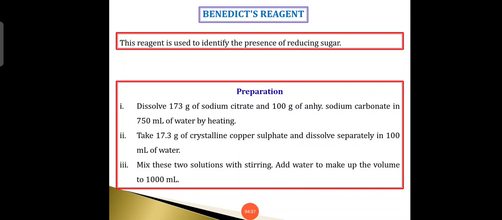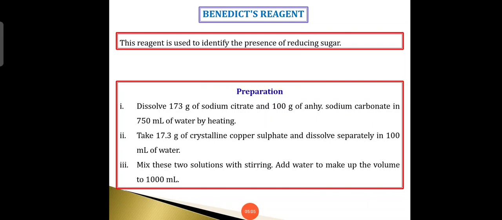So in the preparation of this Benedict's solution, dissolve 173 gram of sodium citrate and 100 gram of anhydrous sodium carbonate in 750 ml of water by heating.